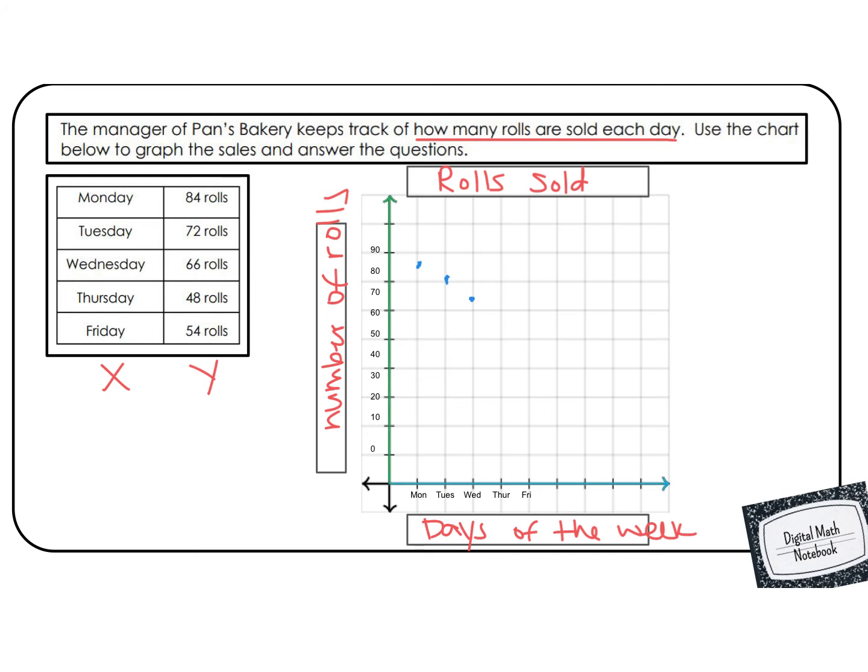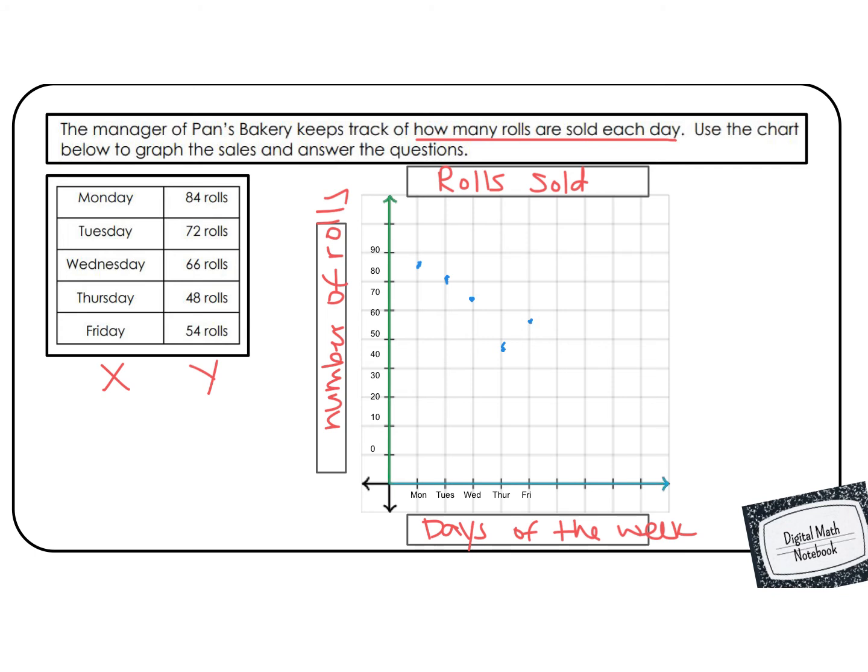And then on Thursday, he sold 48. So Thursday was up to 40, not quite 50. And on Friday, he sold 54. So that would be more than 50, not quite 60.